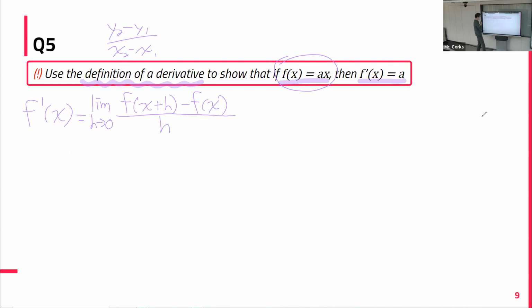So instead of a plus h or f of a, just f of x, the general version. So this is y2, this is y1, and then h is just delta x. It means the same thing. Okay, use this. Now look at this function here and try to prove that the derivative is just equal to a. So take another minute and try.